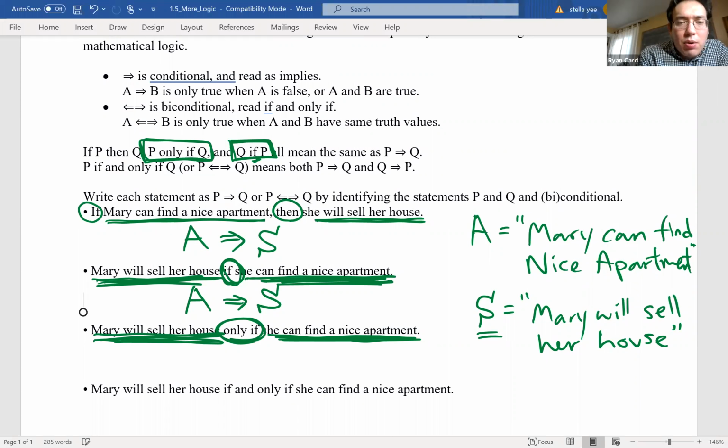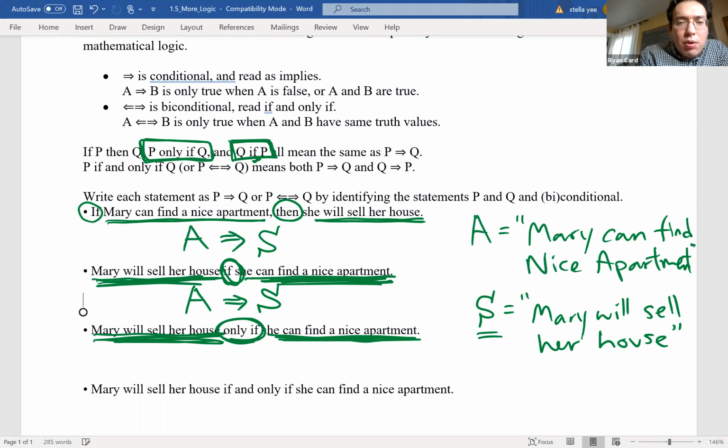If you have a sentence only if another sentence, that is equivalent to the first part pointing towards the second part. So the third sentence is actually saying she will sell her house only if she can find a nice apartment. So the meaning of the third sentence is actually different from the first two.